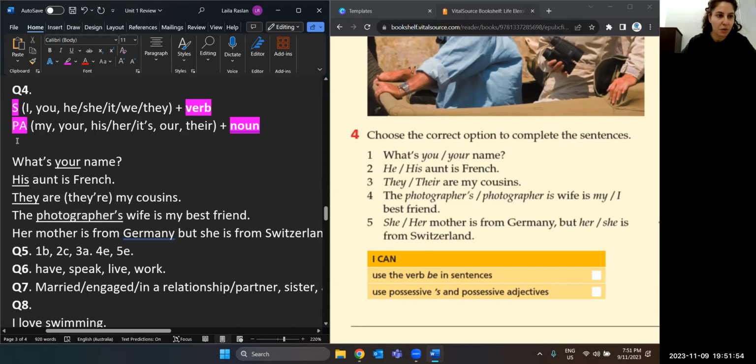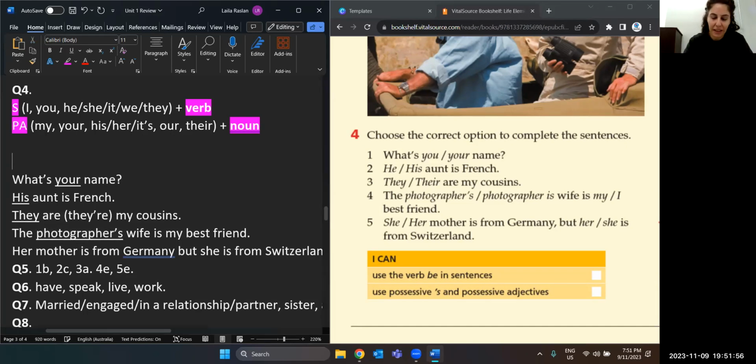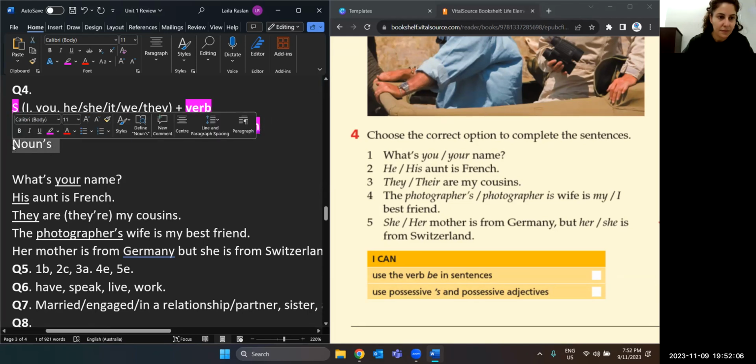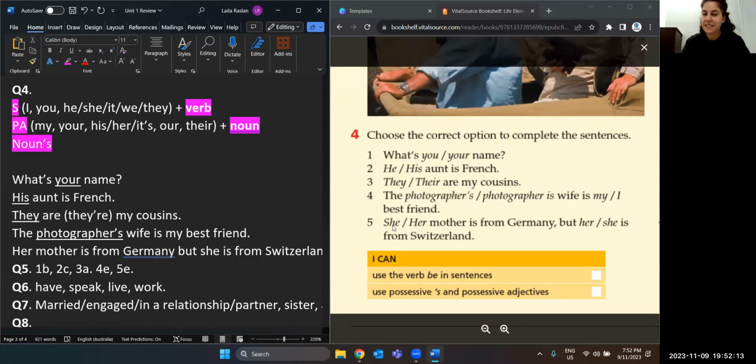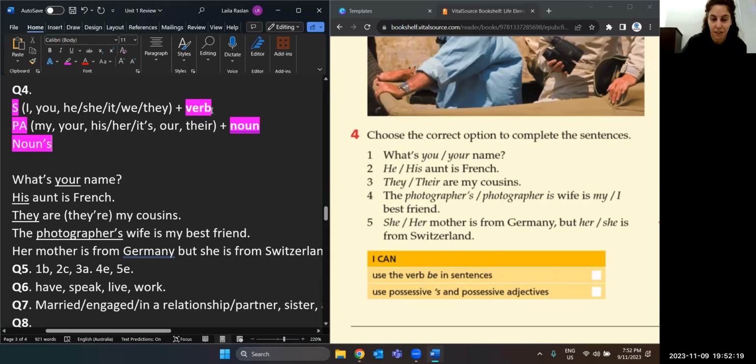So there should be one more rule here, and that's when we have a noun and then we put that S like that. That's saying something is theirs. And number 5, mother is a noun, so we can't say she, because she is a subject which goes with a verb.